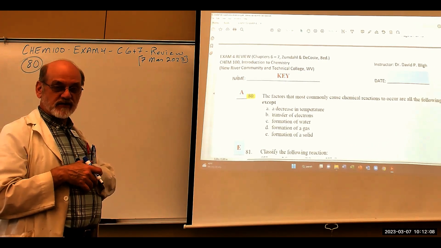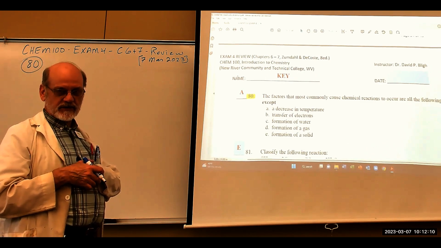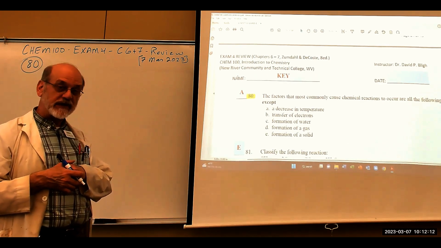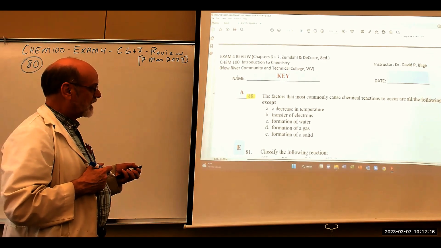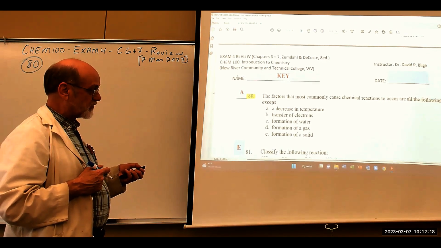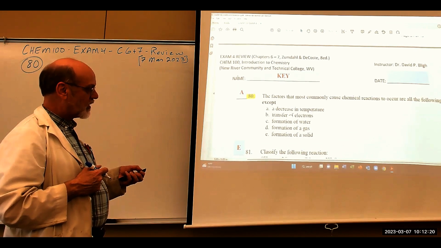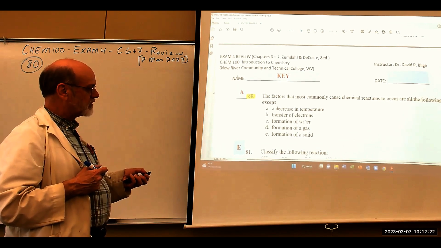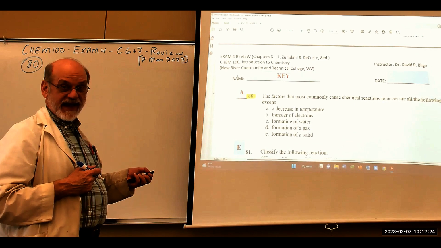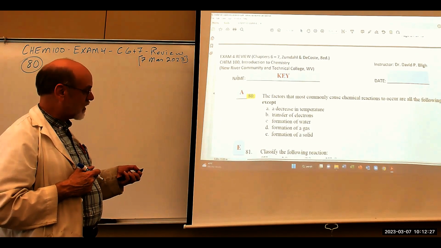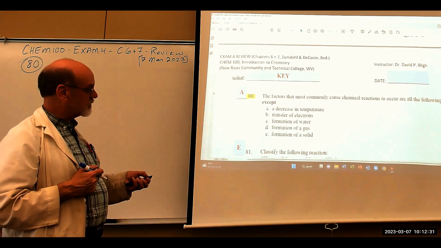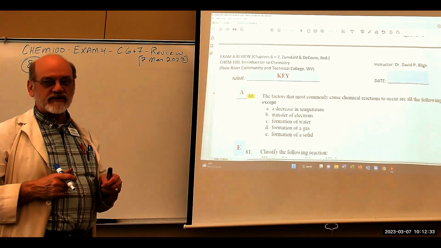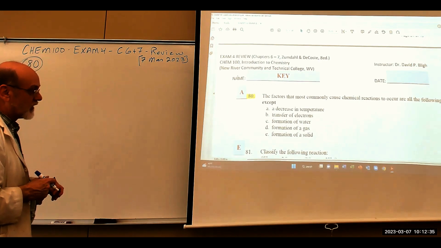If you need a reaction to occur, you need to add energy to it, which means you increase the temperature. So A is false. That's the exception. Transfer of electrons, that's a redox reaction. Yes, that will cause a reaction. Formation of water, such as an acid-base reaction. Yep. Formation of a gas will drive a reaction. Formation of a solid will drive a reaction also. So the only one that's wrong there is A.